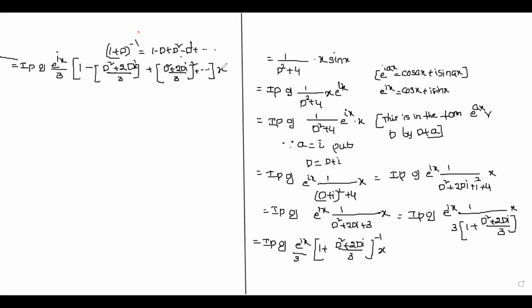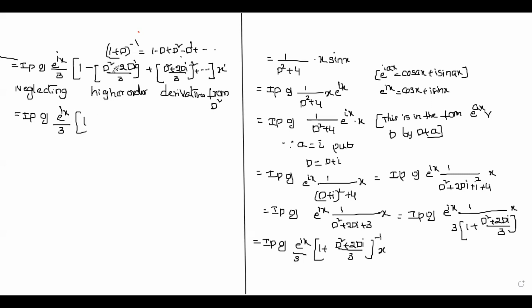Since the power of x is 1 here, you have to neglect higher order derivatives from d square. Neglecting higher order derivatives from d square, after expanding this, we get the imaginary part of e power ix by 3 into 1.